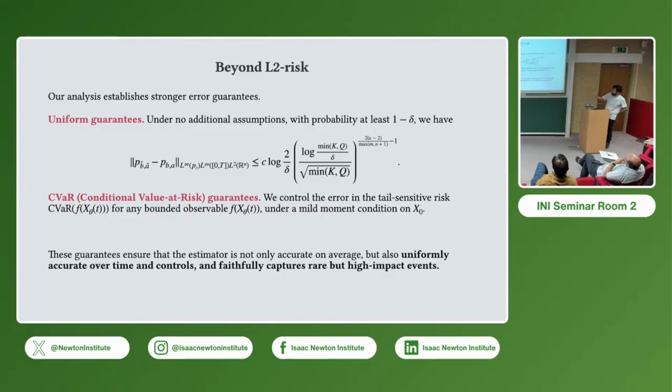So we obtained some rates, but I didn't put them there. So that's the takeaway message. We are not just accurate in average, but uniformly over the space of controls, and also time. And we faithfully capture rare but possibly high impact events.